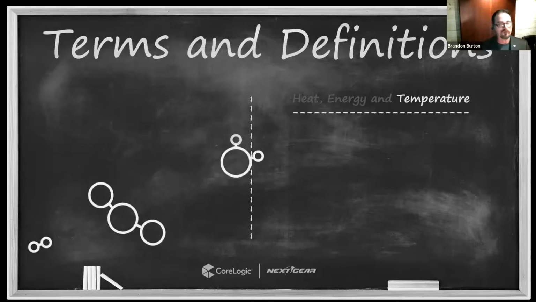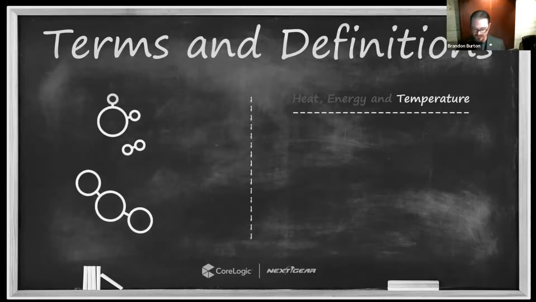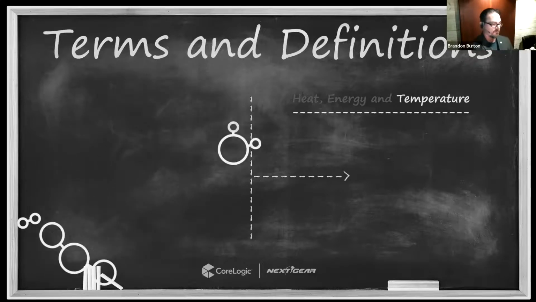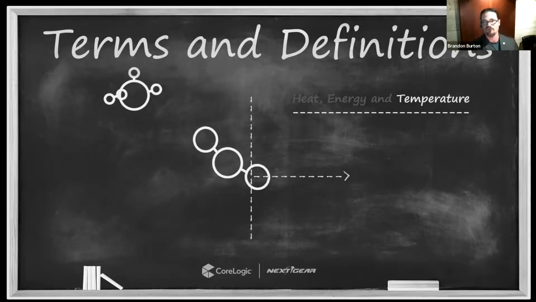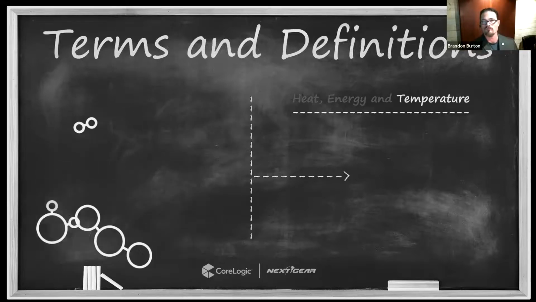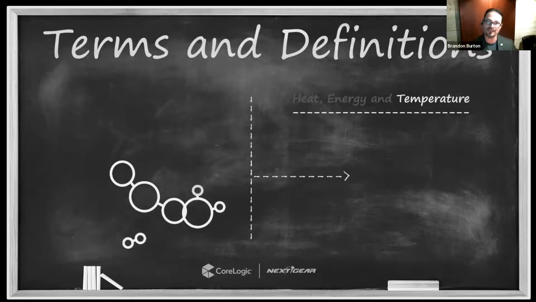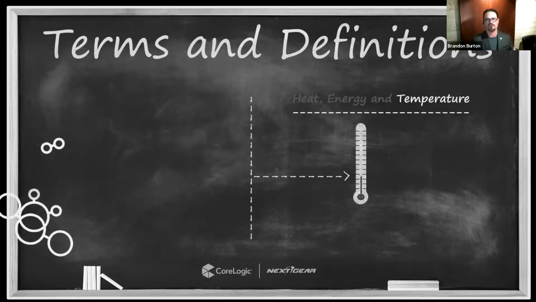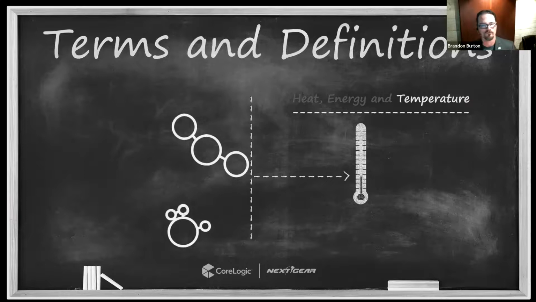So temperature is literally the kinetic energy associated with the molecules that make up a solid, a gas, or a liquid substance. To truly understand that, let's go back to our really simple temperature gauge here.